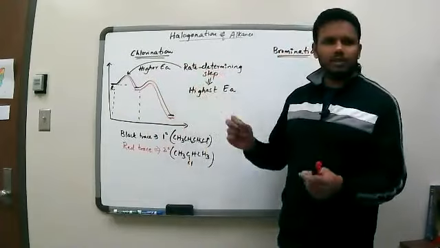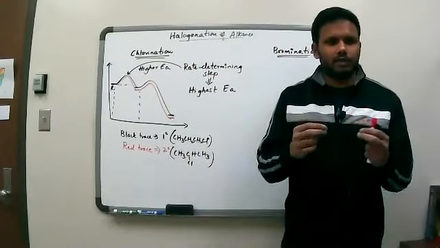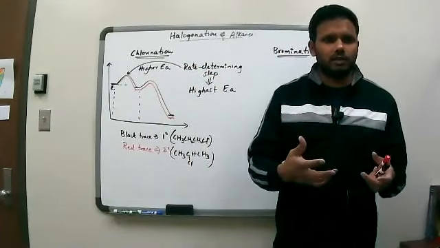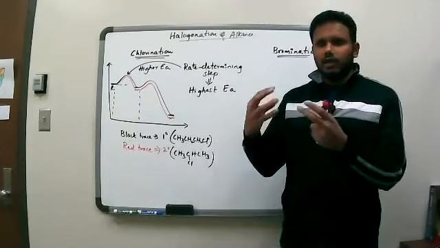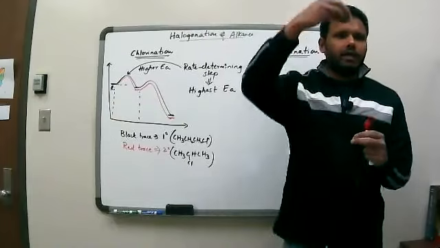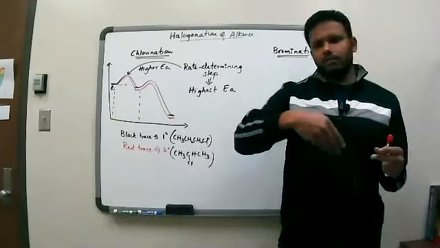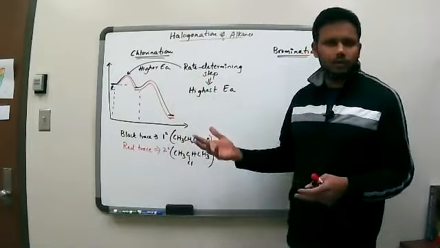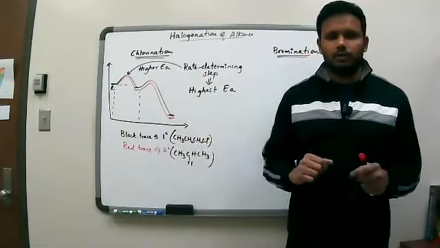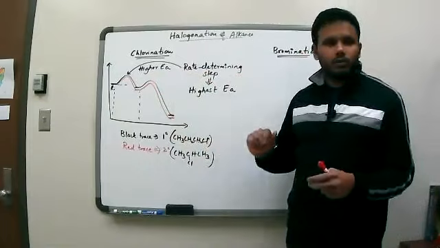So rate determining step means it is the rate limiting step. That means it controls everything else. It is the most difficult thing to do. If the reactants can get over that activation hill, then they can basically get over everything else. So that's why it's called the rate determining step.